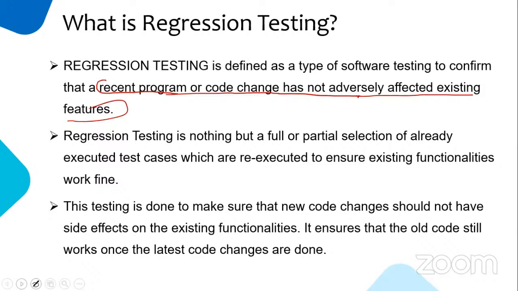It's developed with AI. For that new feature, code needs to be added to the main project. Because of the recent program update, our newly added code should not affect the rest of the functionality which is already working fine. That is called regression testing.